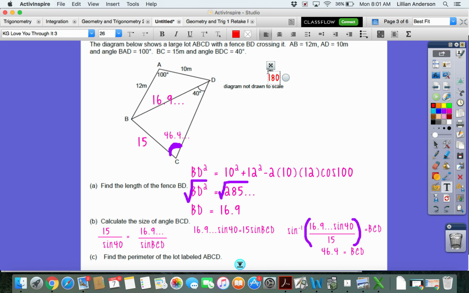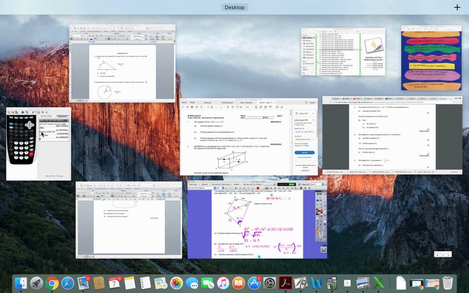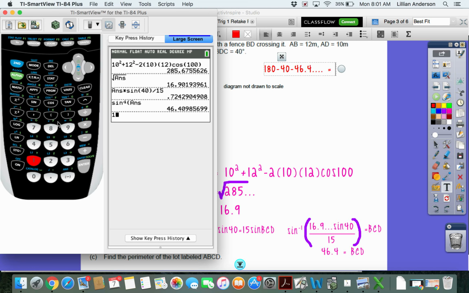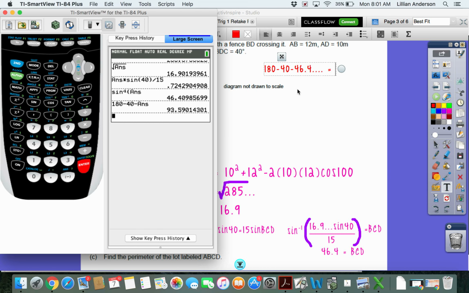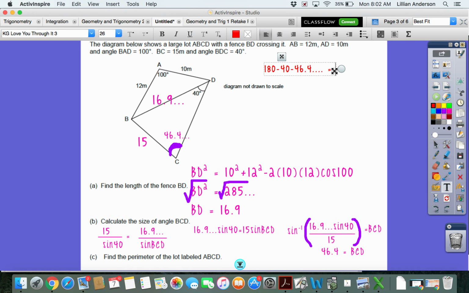I'm going to do 180 minus 40 minus the 46.4 answer that's sitting in my calculator right now. You'll see that that angle is 93.6, but I'm just rounding it for the sake of writing it.